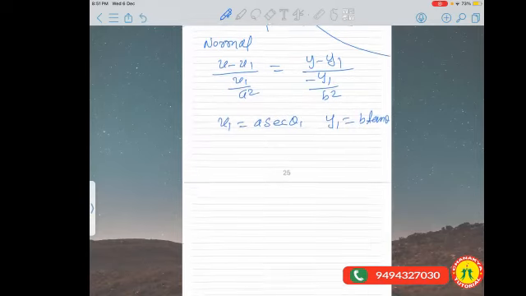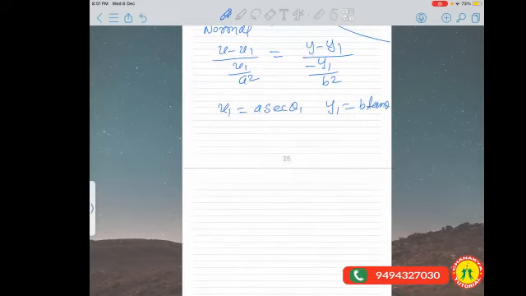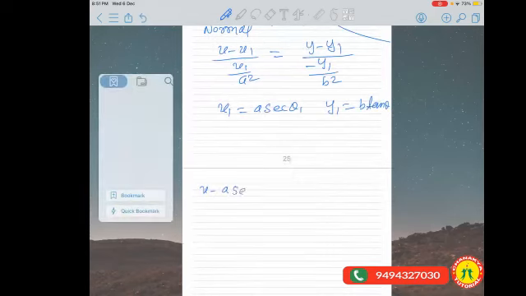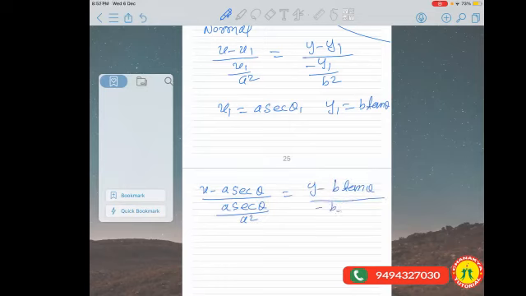So we get x minus a sec theta upon a sec theta by a square equal to y minus b tan theta upon minus b tan theta by b square.